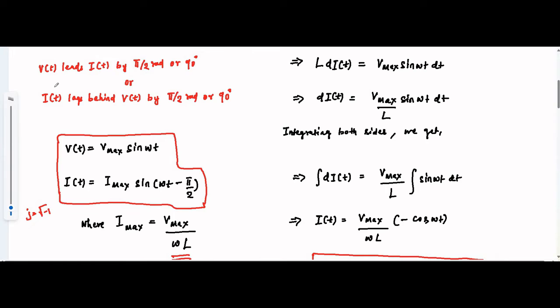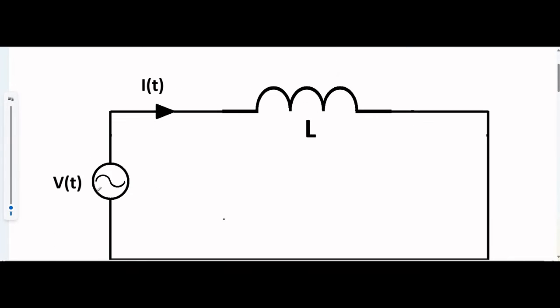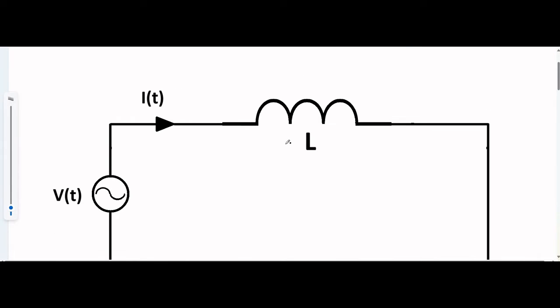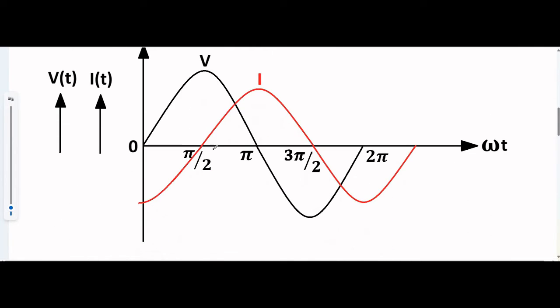So if we have to express it in terms of waveforms, it will be something like this. This is the AC circuit with pure inductance, like we did. The waveform in black, the sinusoidal AC waveform, represents voltage.